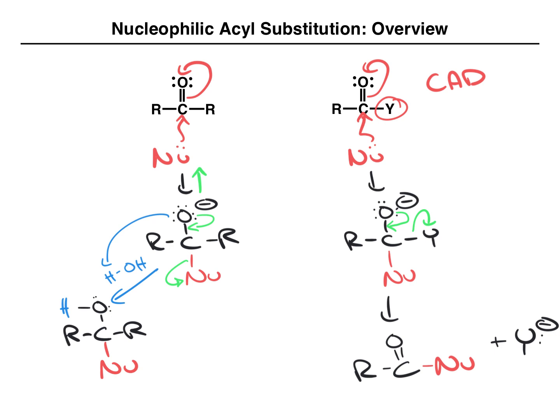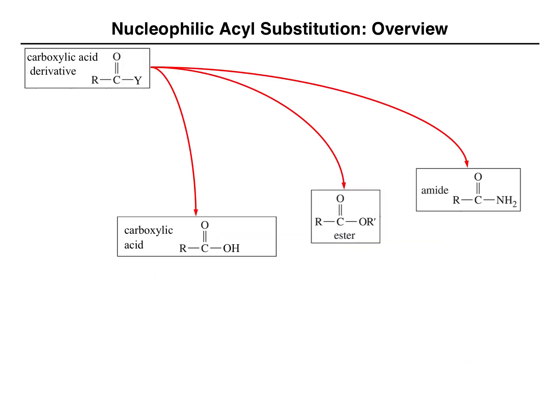So with aldehydes and ketones, these will undergo nucleophilic addition reactions, whereas carboxylic acid derivatives will undergo nucleophilic acyl substitution, where the Y group is replaced by the nucleophilic group. As we consider the interconversion of carboxylic acid derivatives by nucleophilic acyl substitution, we can, for example, have a carboxylic acid derivative react with water to give a carboxylic acid.